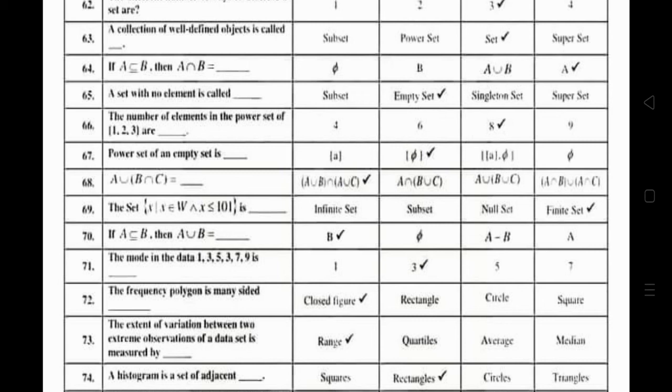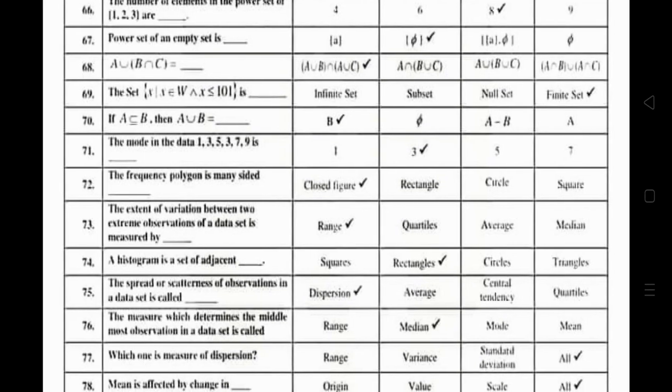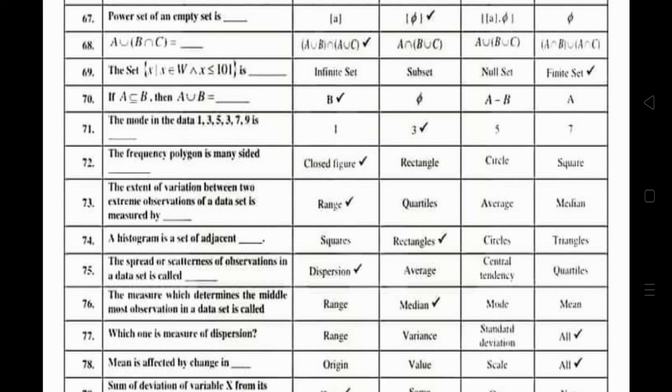The extent of variation between two extreme observations of a data set is measured by range. A histogram is a set of adjacent rectangles. The spread or scatteredness of observations in a data set is called dispersion. The measure which determines the middlemost observation in a data set is called median.